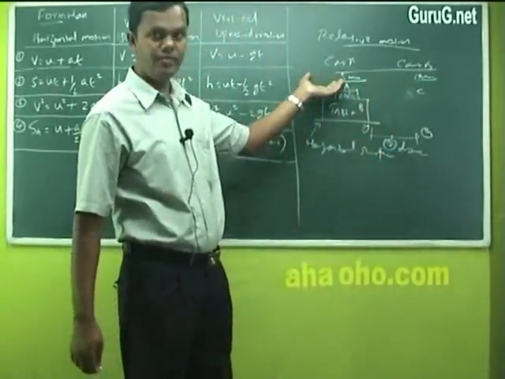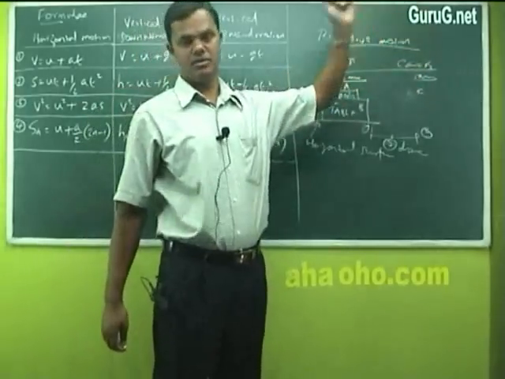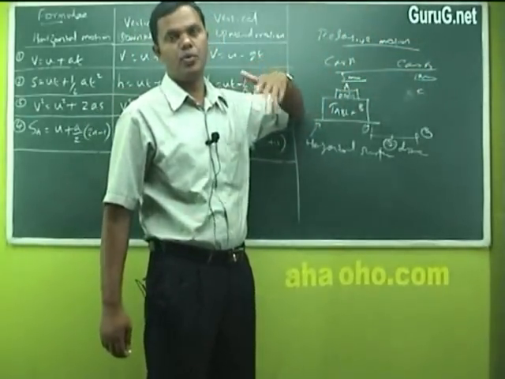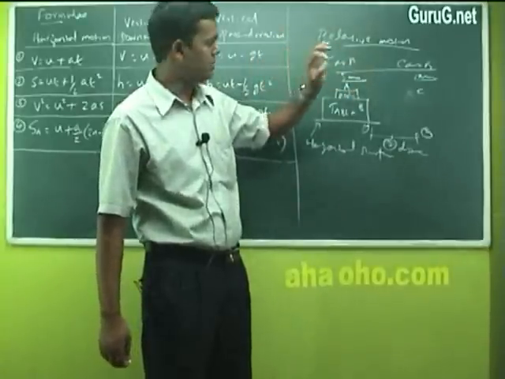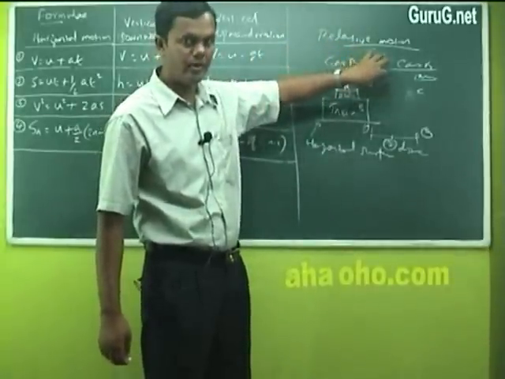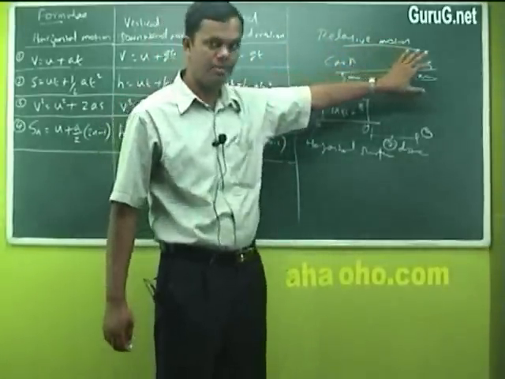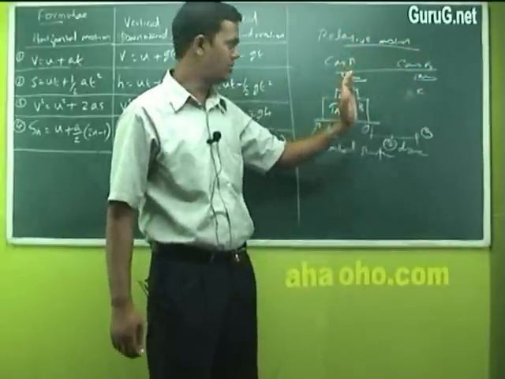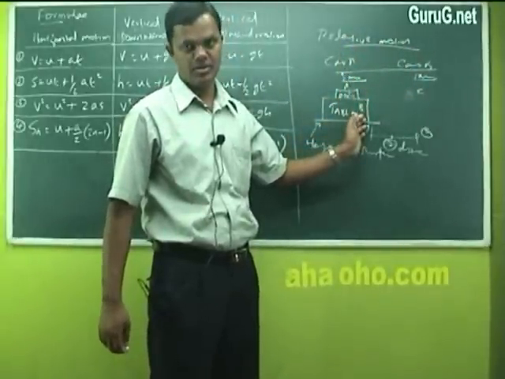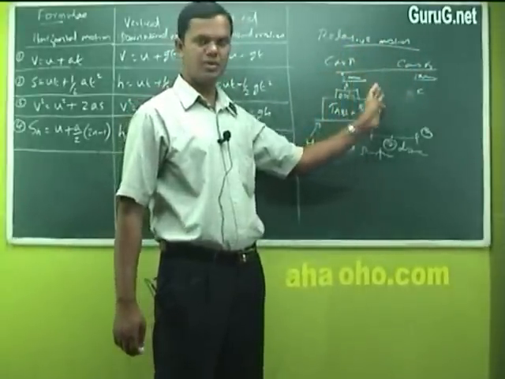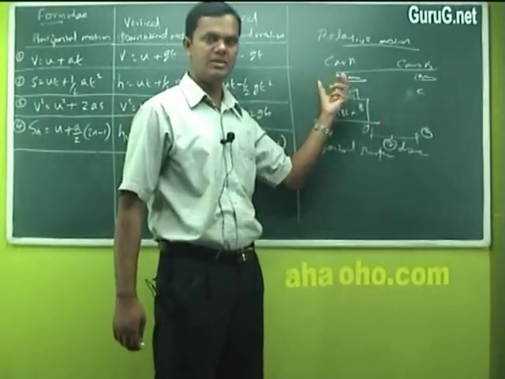And it is moving on a horizontal road or a line. The relative motion of these two bodies, either car A or car B, can be calculated using this kind of relationships. So this is useful in easily calculating.